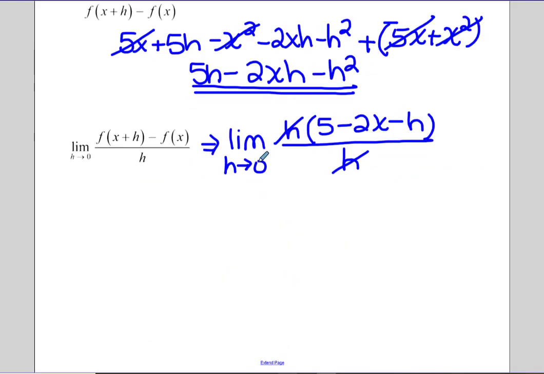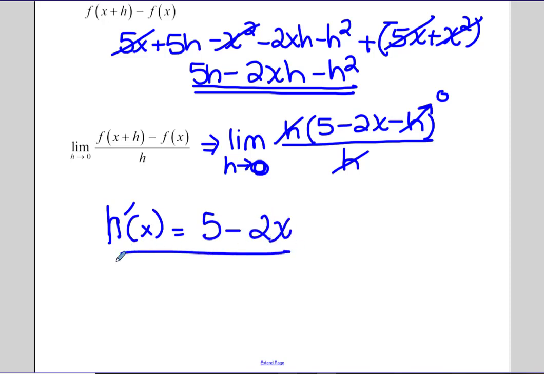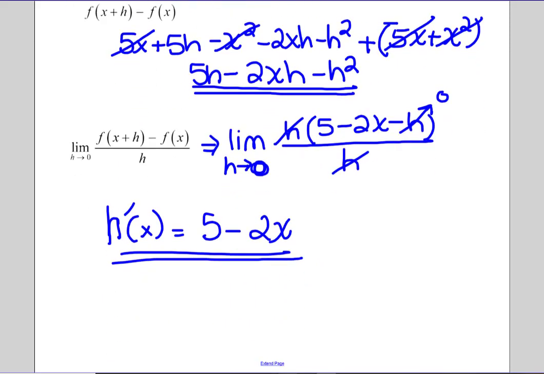And then if we substitute 0 for this h, that's going to be 0, and our derivative is going to be 5 minus 2x. Was it h or was it f? Oh, it was f. I said h. I'm sorry, that's wrong. For f prime of x.